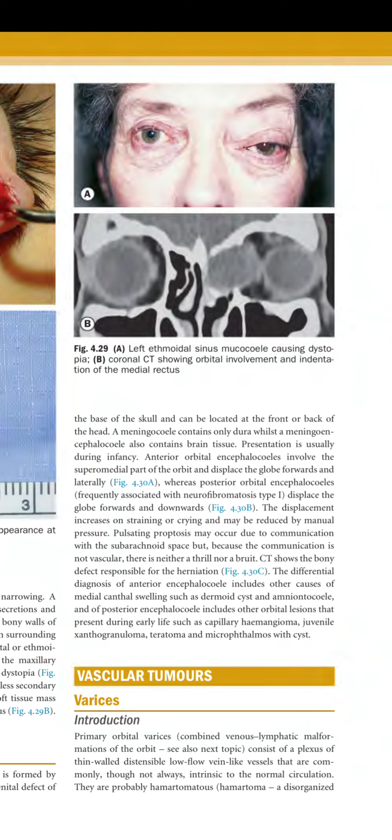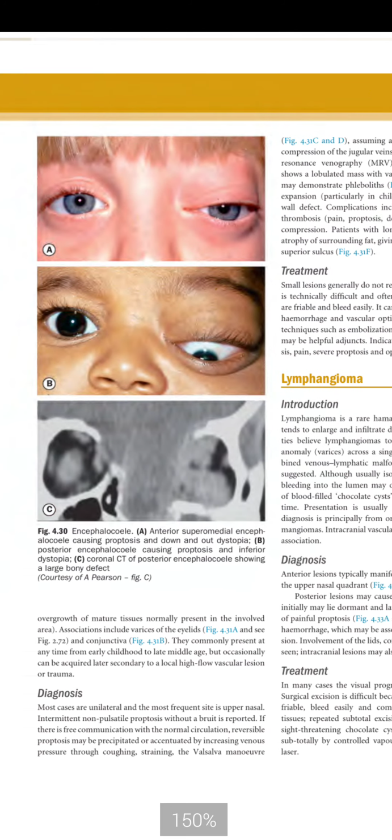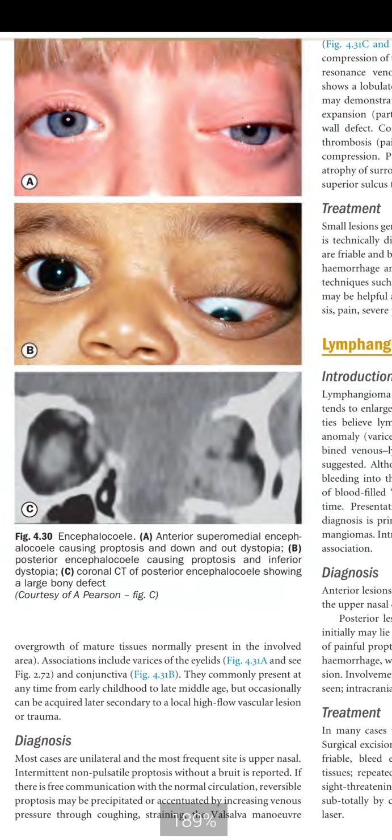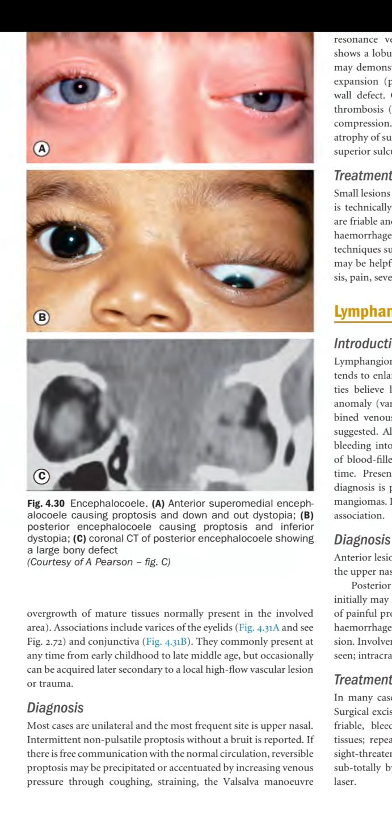They are probably hamartomatous. Hamartoma is a disorganized overgrowth of a mature tissue normally present in an involved area. Associations include varices of the eyelid and the conjunctiva. They are commonly present at any time from early adulthood, childhood, to late middle age, but occasionally can be acquired later secondary to a high-flow vascular lesion or trauma.